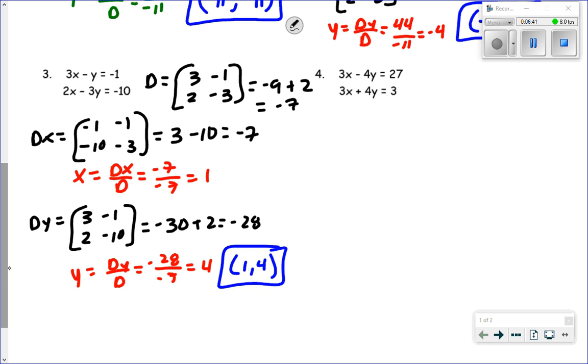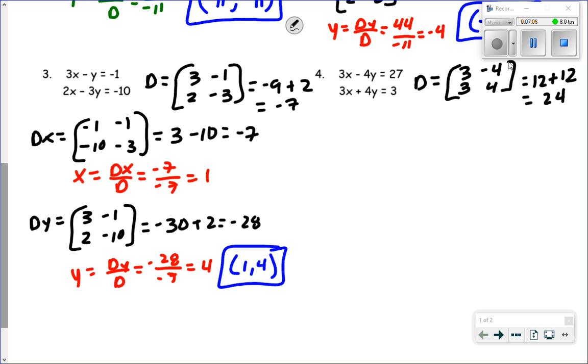Okay, number 4. Everything is lined up, so I'm ready to find the determinant. Okay, so this would be 3 times 4 is 12, and 3 times -4 is -12, so it would end up being plus.